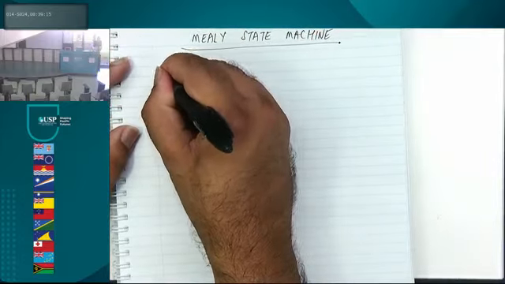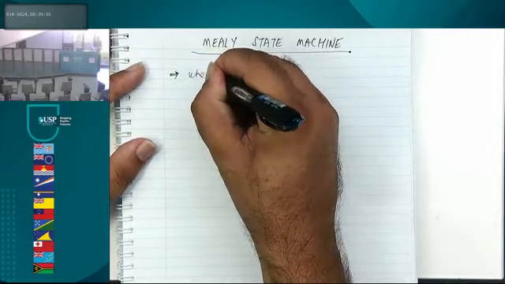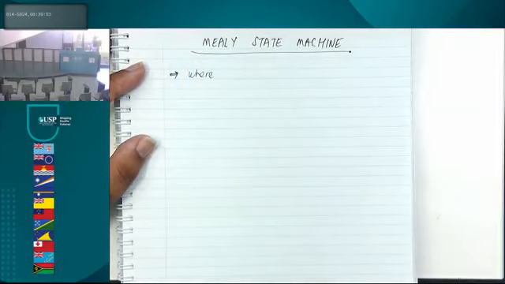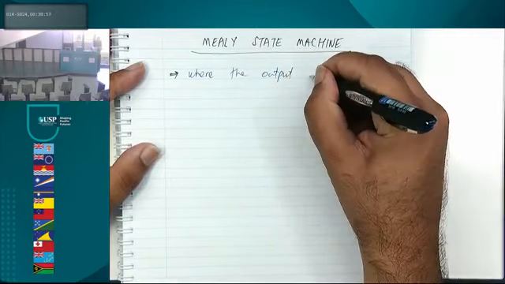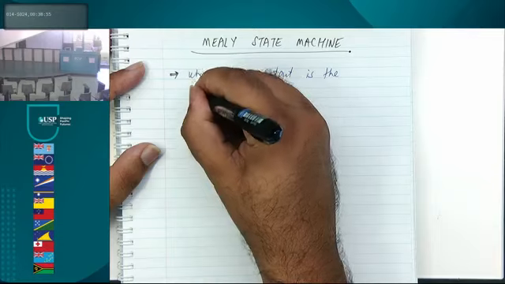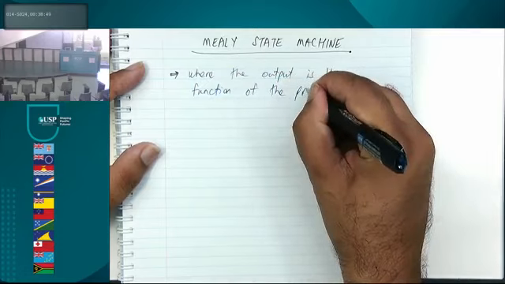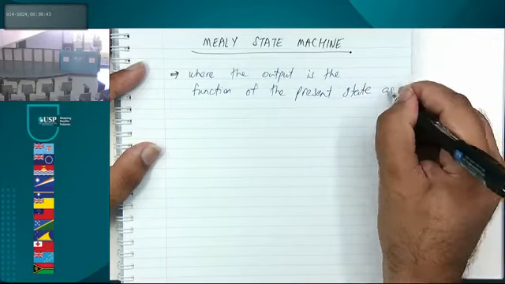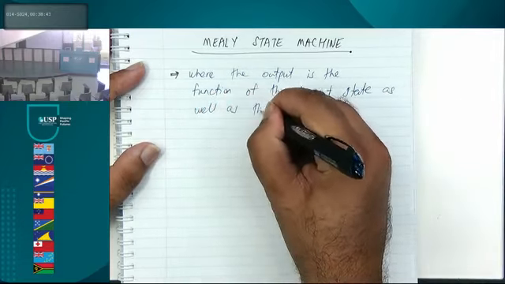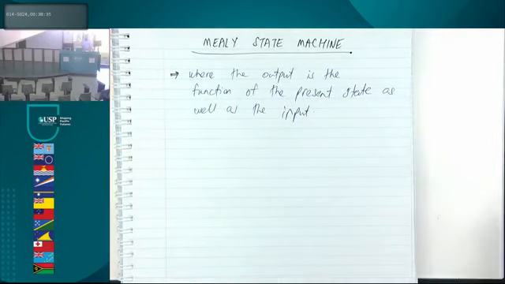A Mealy state machine is where the output is a function of the present state as well as the input. Let me show you what it refers to, guys.